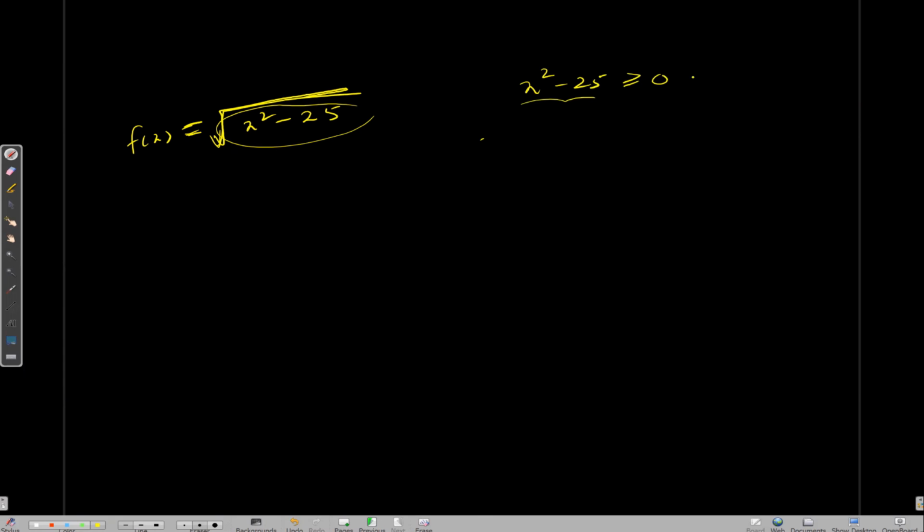Now it has factors x minus 5, x plus 5. So these two numbers, x equals 5 and x equals negative 5. The tip is, even though this is an inequality, first you make it equal to 0, because 0 is a special place, and you look for those two values.